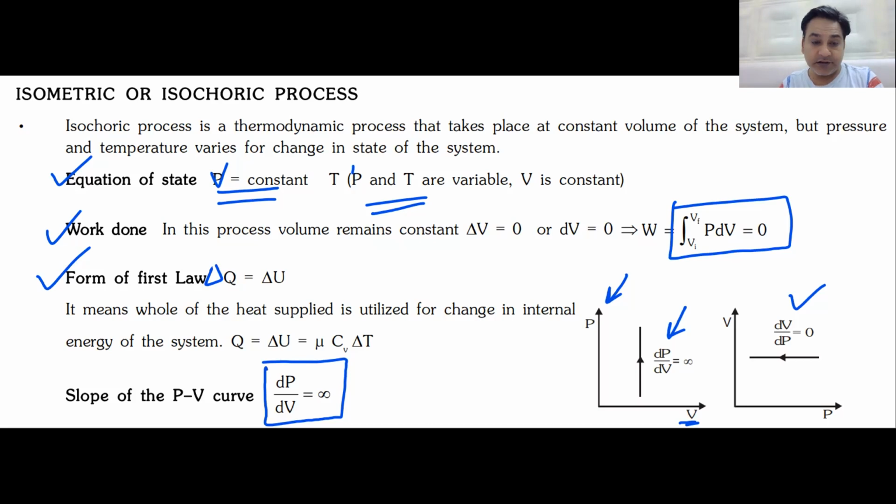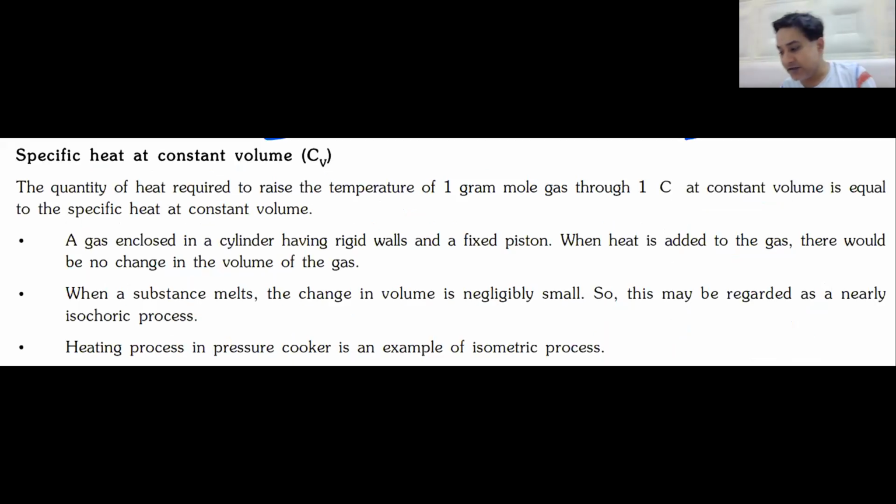And therefore, in this process, the specific heat is known as specific heat at constant volume. Delta Q will be equal to nCv delta T. Here delta U and delta Q are both the same, and therefore this is known as molar specific heat at constant volume. We understand this, yes or no?